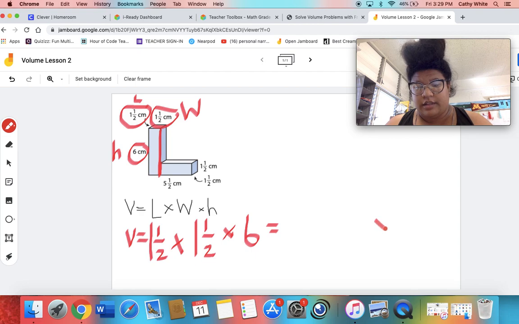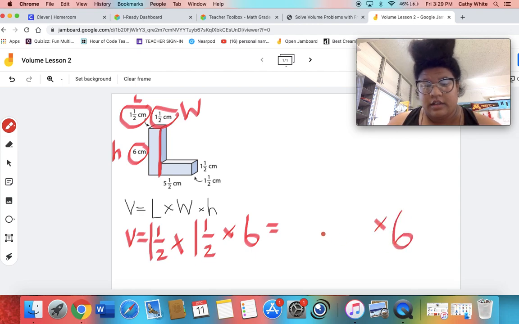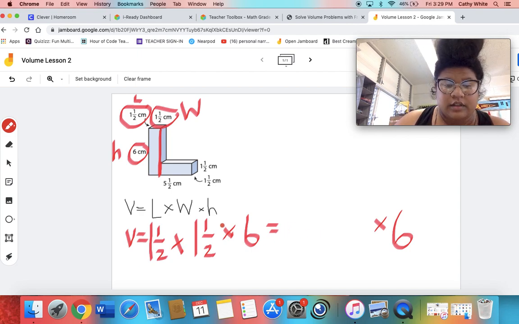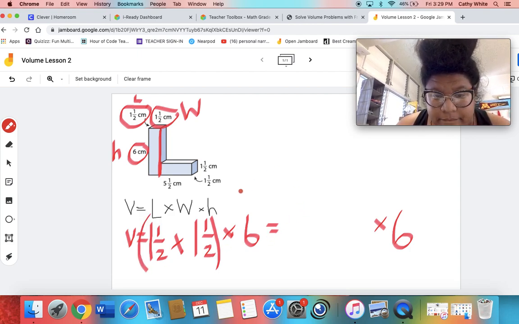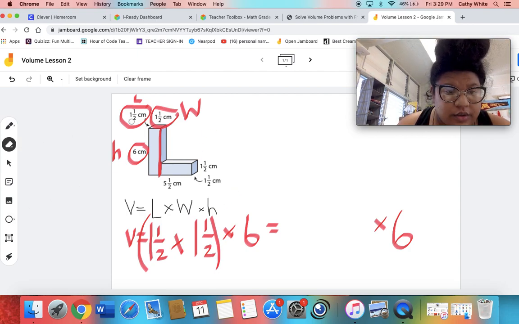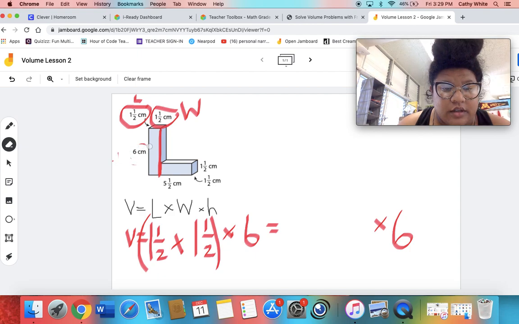So I'm just going to put that over to the side, times 6. But over here, let's work on these first. And I'm putting them in parentheses so we work on it first. And I'm going to erase this stuff so that you don't get confused by the extraness of it.